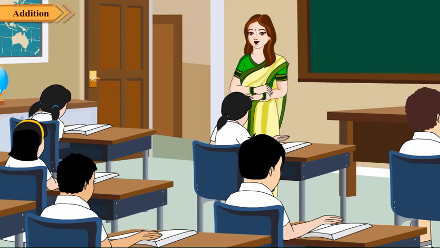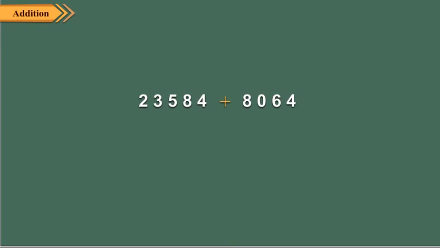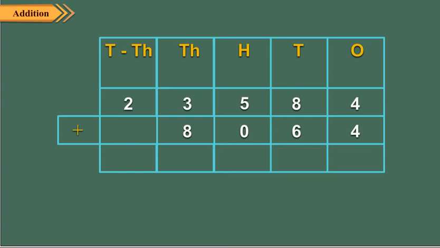In the examples shown here, regrouping was not involved. Now let us discuss the sums where regrouping is needed. Let us add 23584 and 8064. First, arrange the numbers in columns. Add ones. 4 ones plus 4 ones is equal to 8 ones.